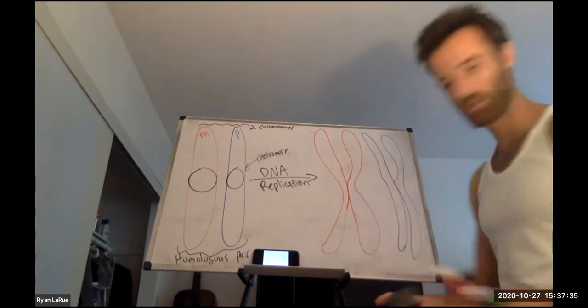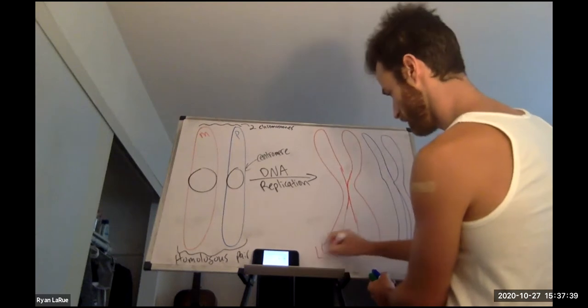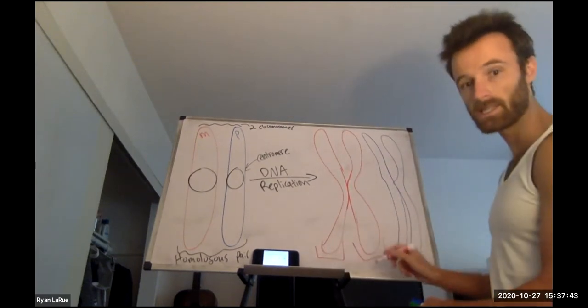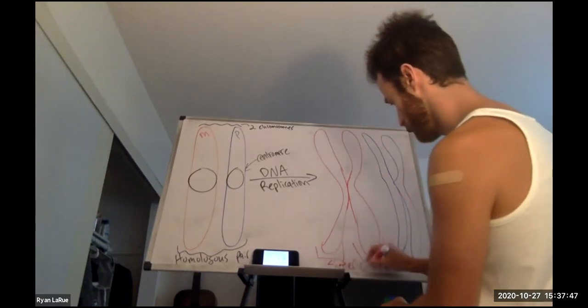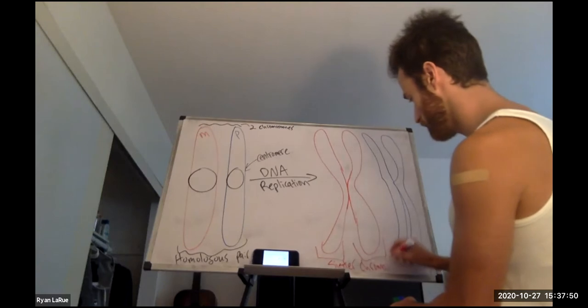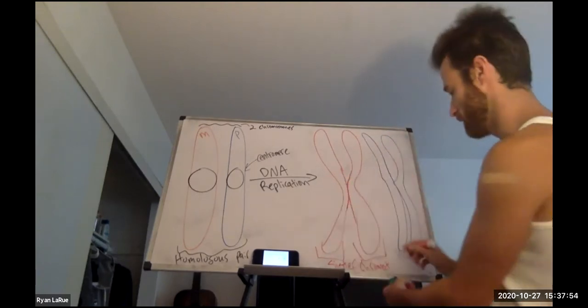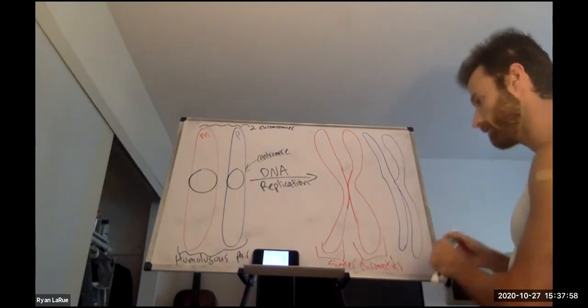So these are 2 identical, what we call sister chromatids, attached to this one double-stranded chromosome. And then we also have 2 sister chromatids here.